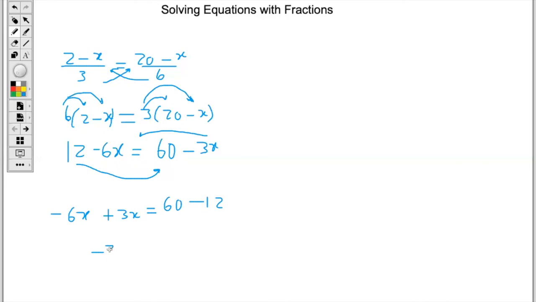So minus 6x plus 3x is minus 3x. And 60 minus 12, that is 48. Now dividing both sides by negative 3, 3 into itself goes 1 time. So x is equal to negative 16. That's it.